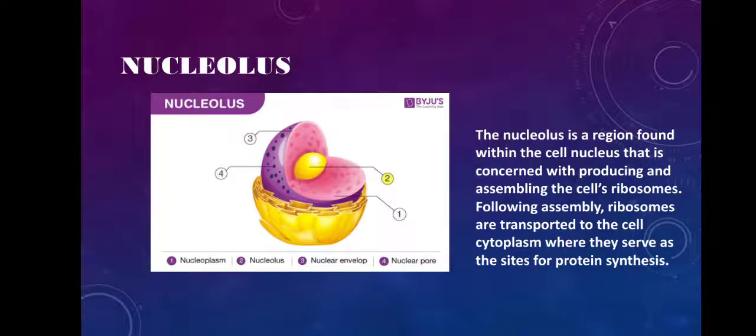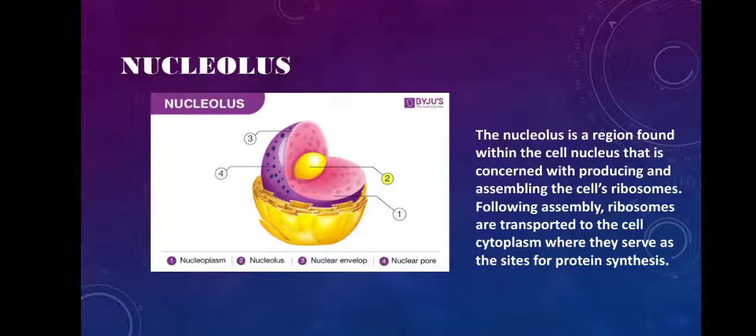Nucleolus. The nucleolus is a region found within the cell nucleus that is concerned with producing and assembling the cell's ribosomes. Following assembly, ribosomes are transported to the cell cytoplasm where they serve as the sites for protein synthesis. Within the cell nucleus, there's a very specific part called the nucleolus.